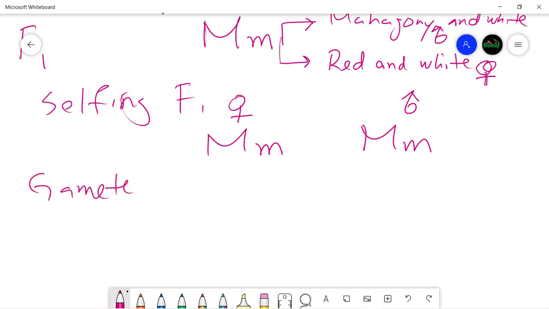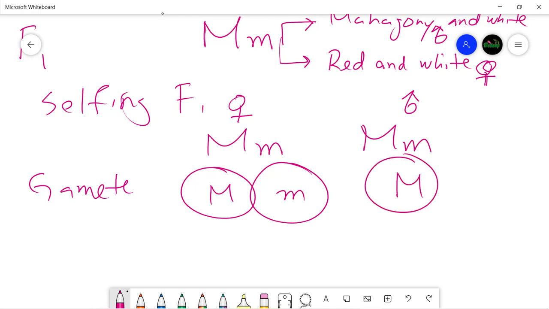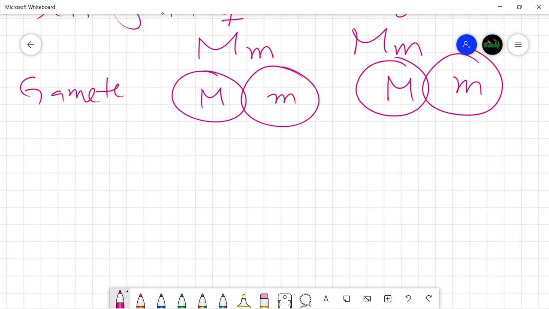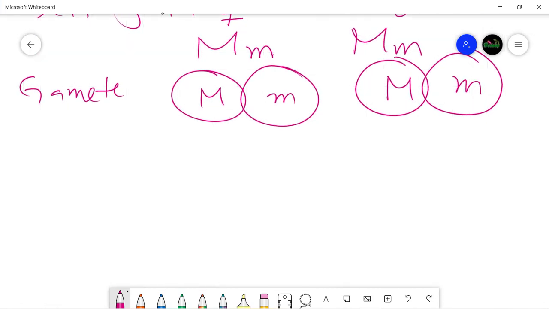One of the gametes will carry the uppercase M allele and the other the lowercase m. And similarly, in the case of male, its sperms will be of two kinds, 50% uppercase M and 50% lowercase m. So now let's fertilize the eggs with the sperms.